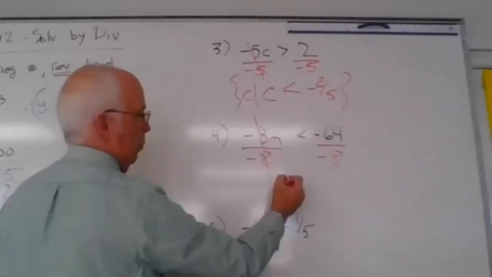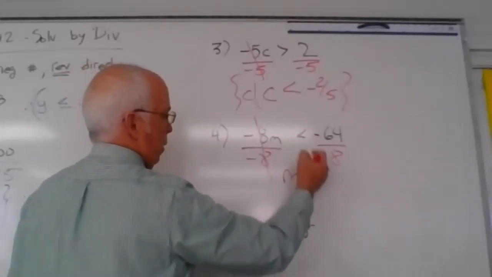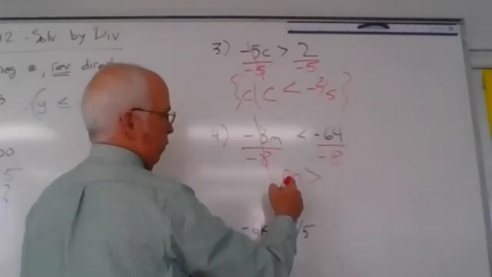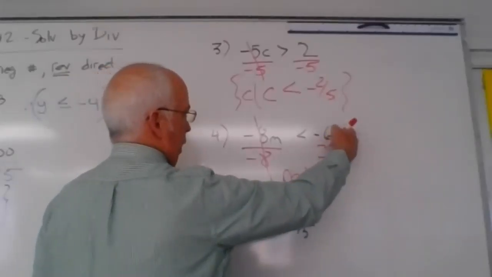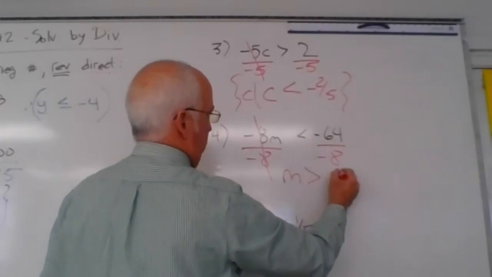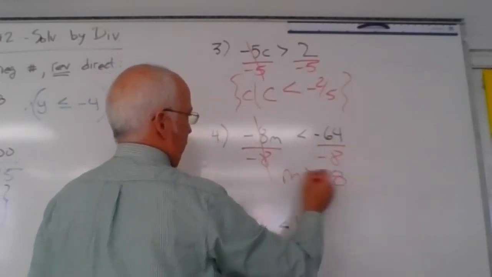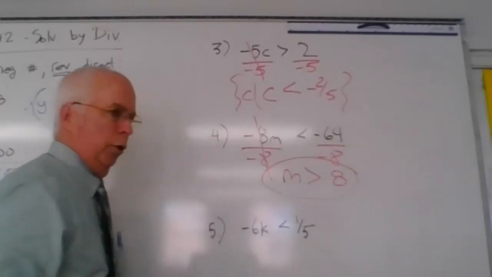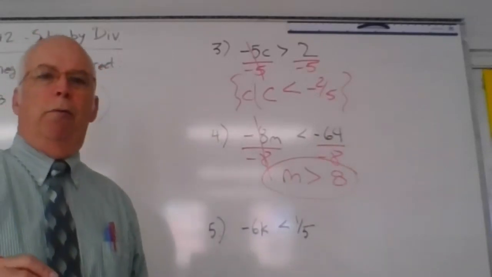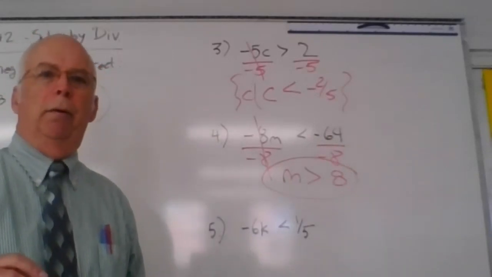Flip the sign. So -8 over -8 becomes, we've got m. Mr. Campbell just told you I got to reverse the direction of the inequality because of dividing by a negative number. -64 divided by -8 is a positive 8. There's my answer. I'm not going to put it in solution form because I want to do a couple other things before we run out of our time slot.